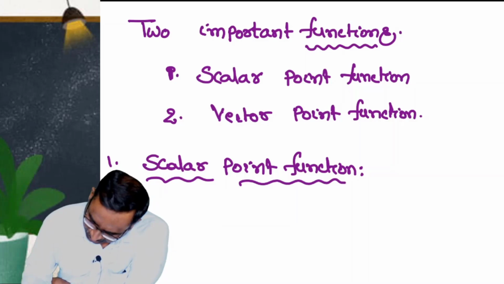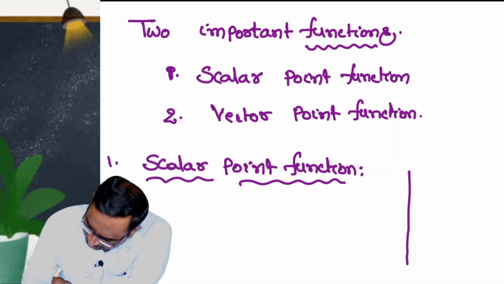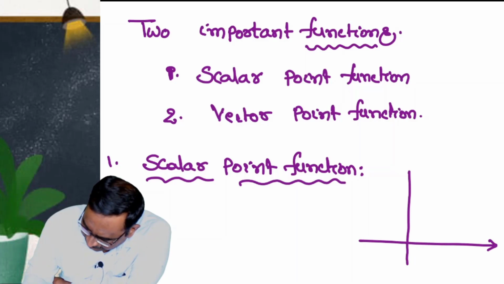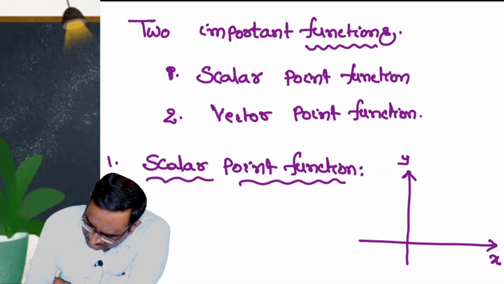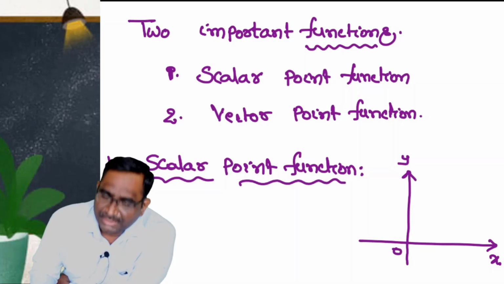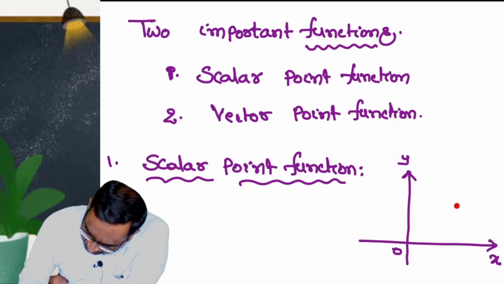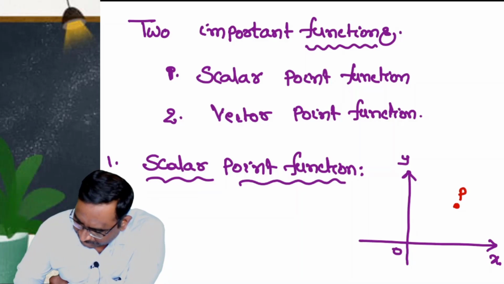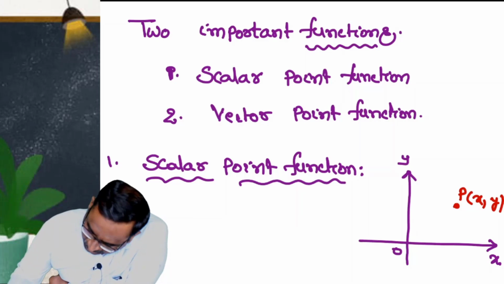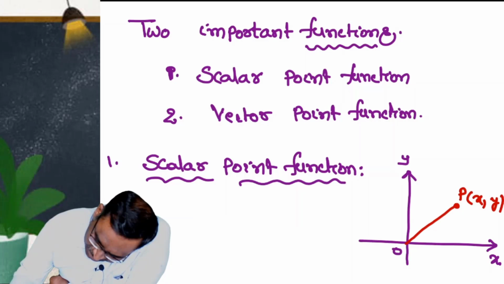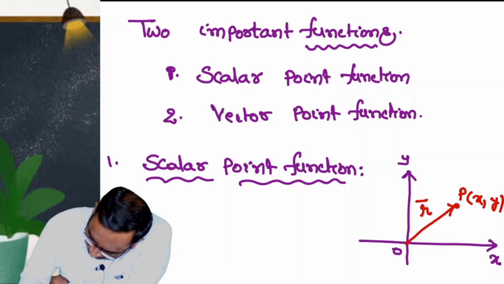So suppose I am considering a two-dimensional plane, with x and y axes, and this is my reference point. This is my point P. There is a point (x, y), and this is called the position vector r bar corresponding to this point.